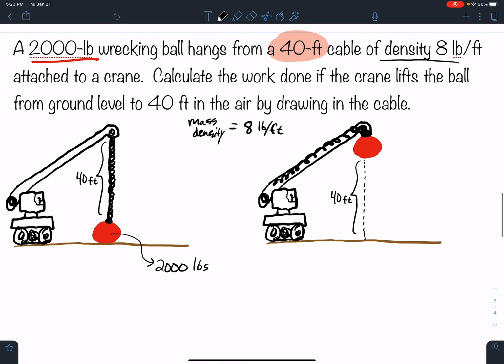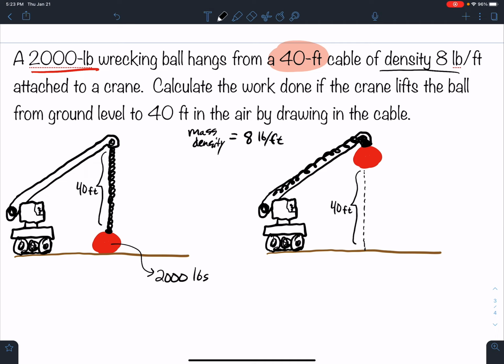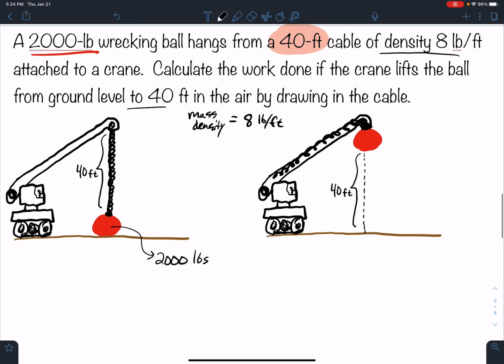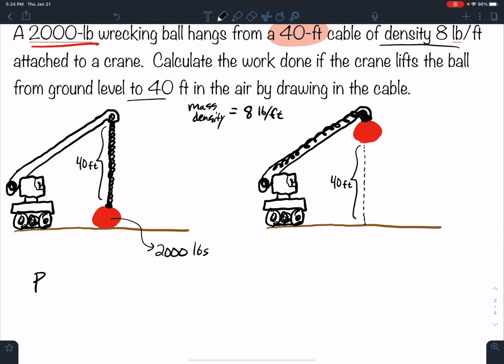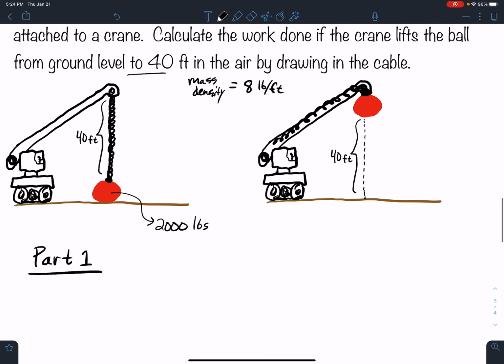I want to calculate the work done that it takes to lift the ball 40 feet in the air by drawing in that cable. So there's two parts being done here. Part one is the ball itself being lifted up into the air.